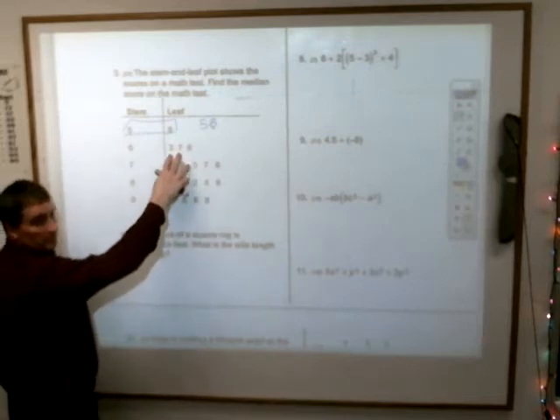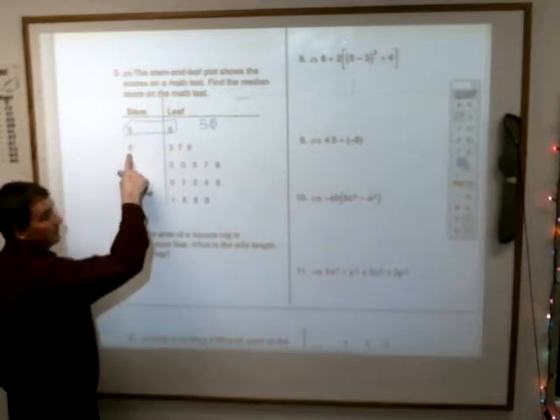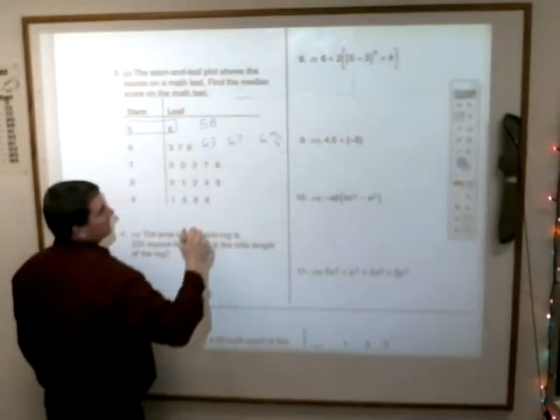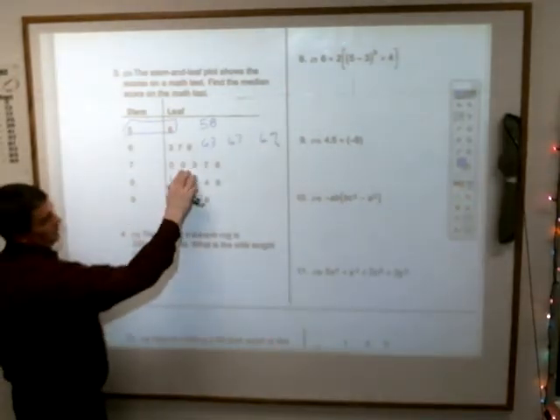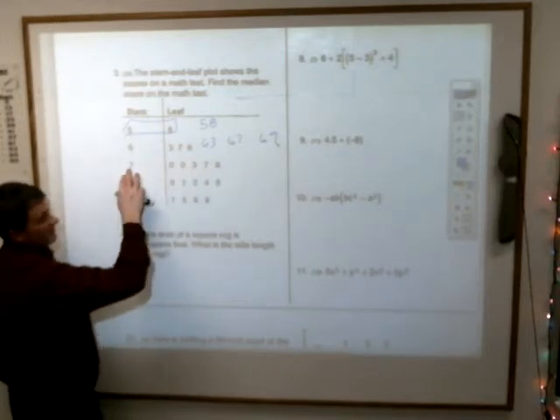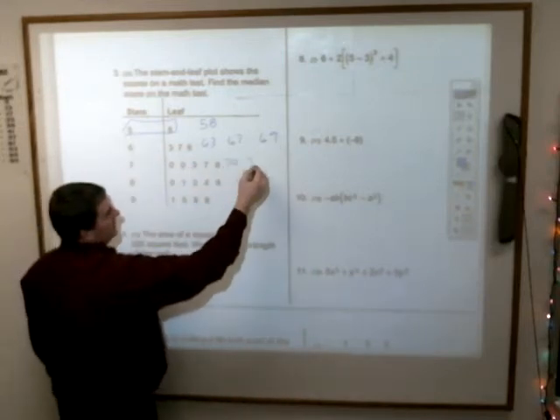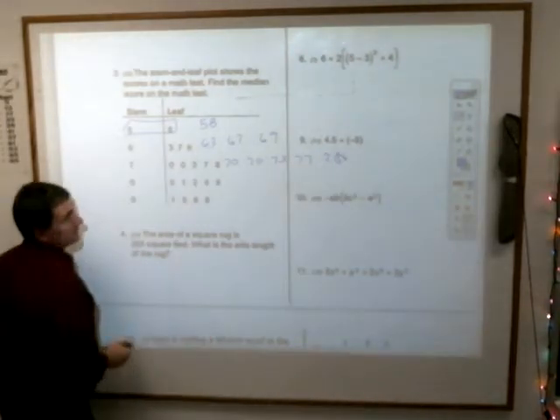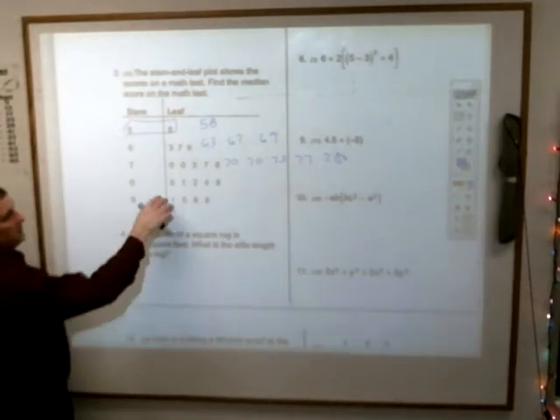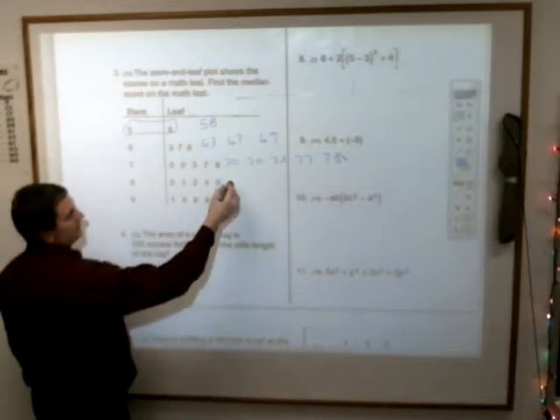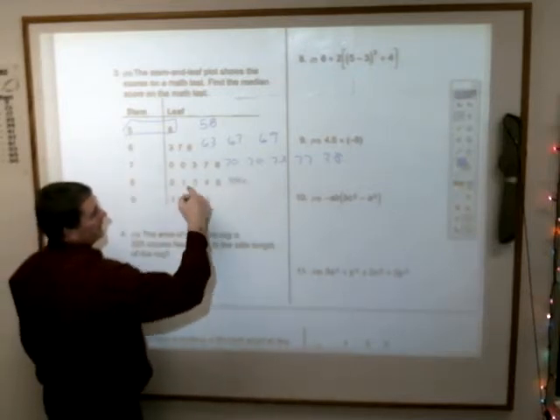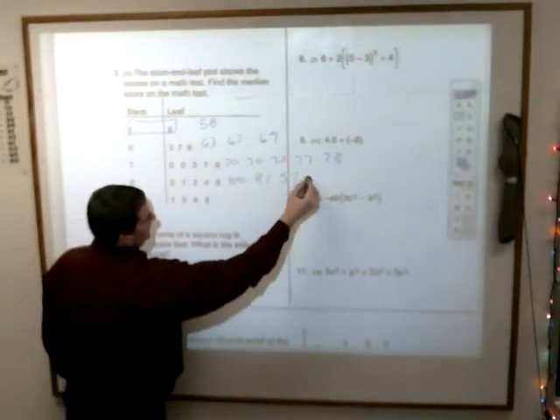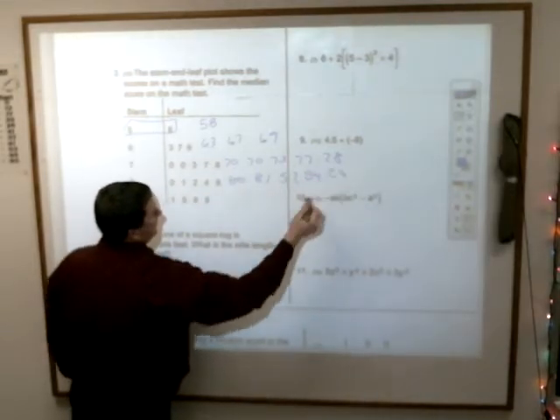This stands for three numbers, all of them have a 6 in front of them: 63, 67, and 69. This stands for 5 numbers, all with a 7 in front: 70, 70, 73, 77, 78. This stands for 5 numbers, all with an 8 in front: 80, 81, 82, 84, and 88.